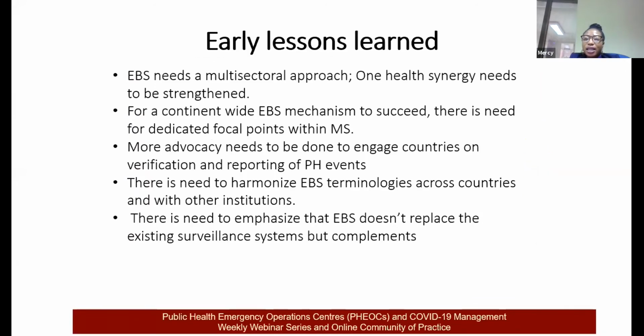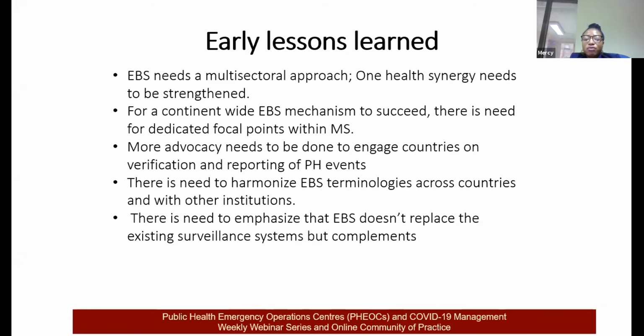So I'm ending here. This is my last slide. We're looking at the lessons learned as Africa Centres for Disease Control. Africa CDC has been doing a lot of work on EBS. However, we've encountered a lot of challenges. We've realized that we cannot progress if EBS is not using the multi-sectorial approach.